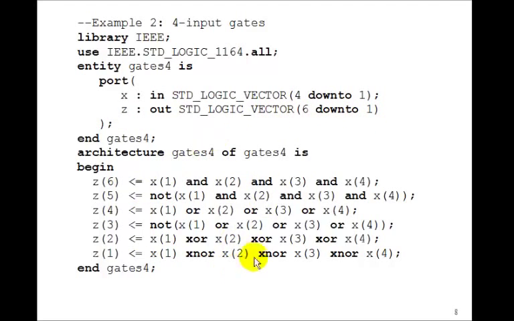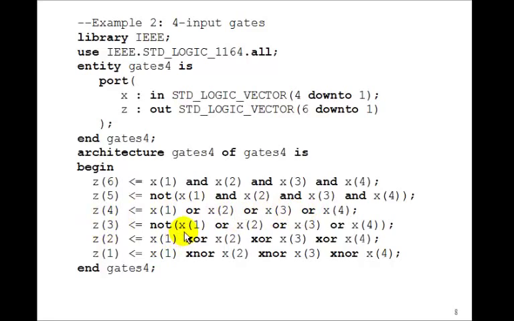Then in the architecture we'll just write the logic equations. Z6 is going to be the AND gate. Just AND them all together. Z5 will be the NAND gate, not AND. Z4 will be the OR gate, OR them all together.